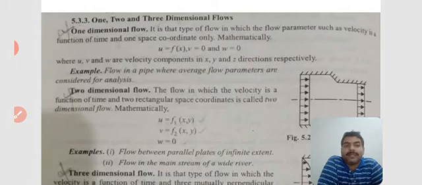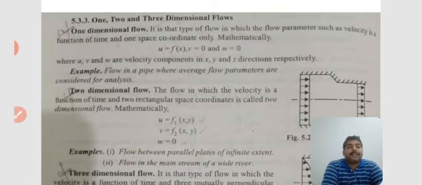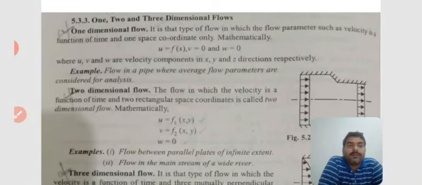Mathematically it can be represented by u is equal to a function of x, where v is equal to 0 and w is equal to 0, where u, v and w are velocity components in the x, y, z coordinates respectively.